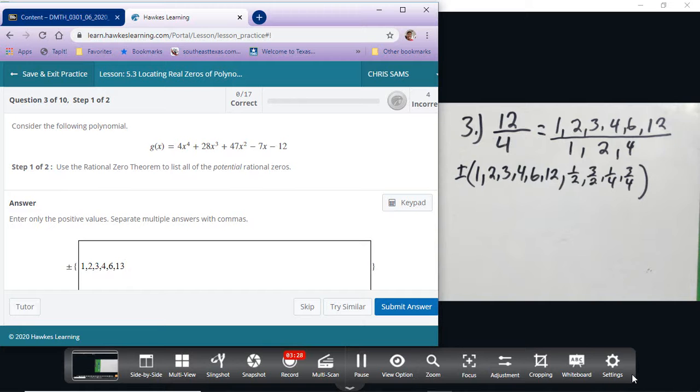Okay, so there's all our whole numbers. 1, 2, 3, 4, 6, 12. Alright, now our fractions. So 1/2, and then 3/2.